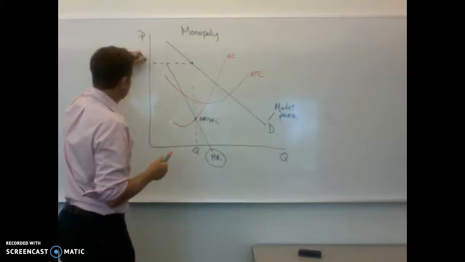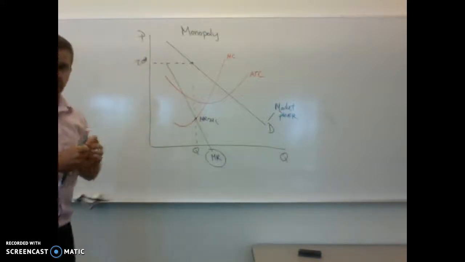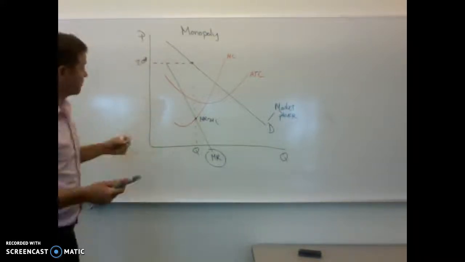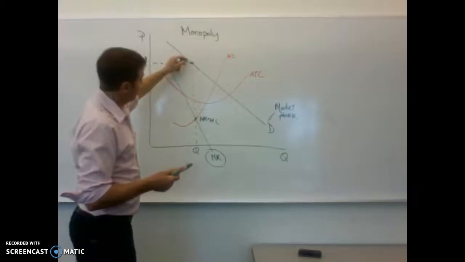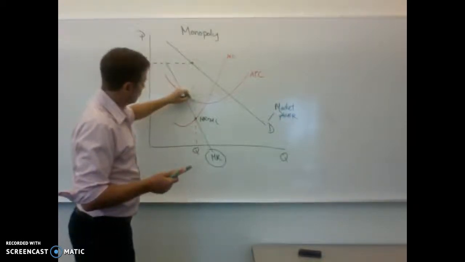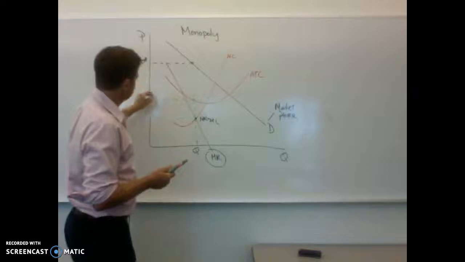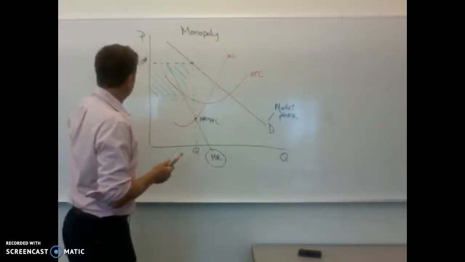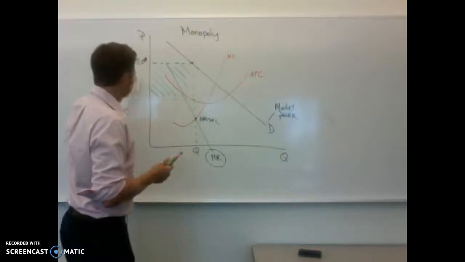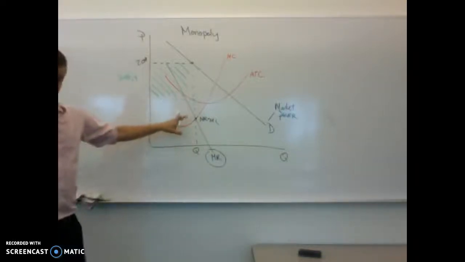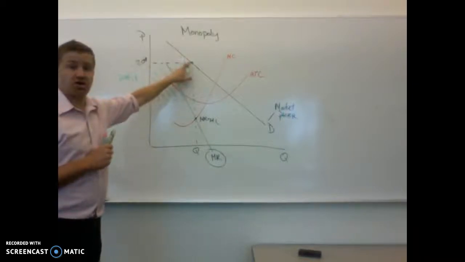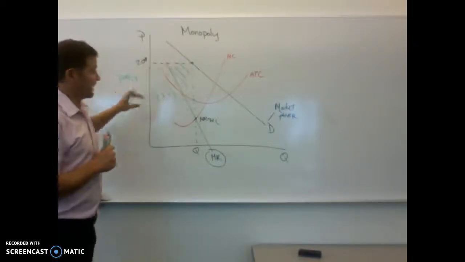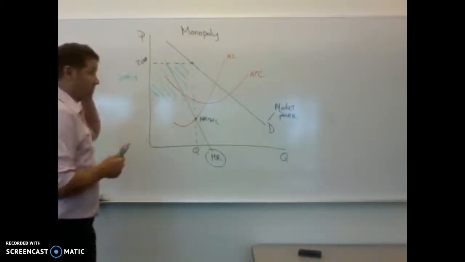We're just going to call it $20, okay? And you can pretty easily figure out their profit. What they sell it for, right? What their costs are. This large box is going to be their profit, okay? So again, they produce where MR equals MC, they get to charge up at the demand curve, and that is their box of profit, okay?